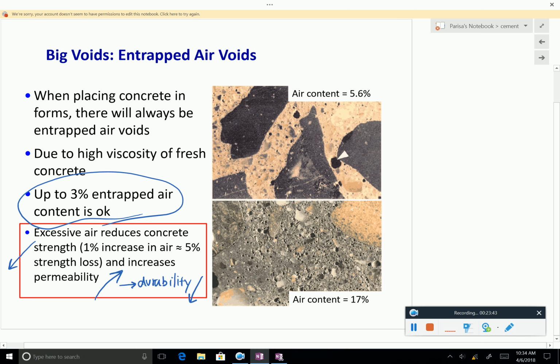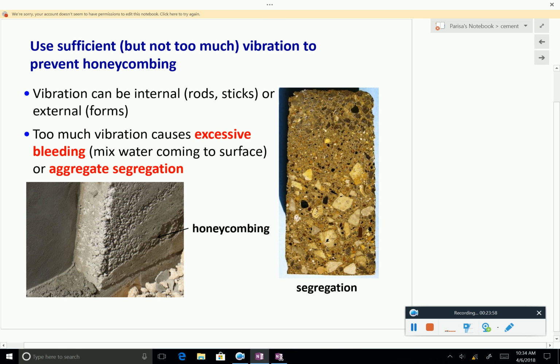So you see that your driveway, you need to replace it every couple of years because you see scaling, pieces of the material chunked off. So that's why. And there is another problem which also increases the amount of air voids, and this is honeycombing. During the placement, you need to vibrate or mix concrete.